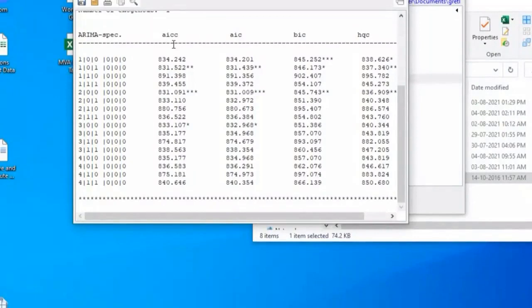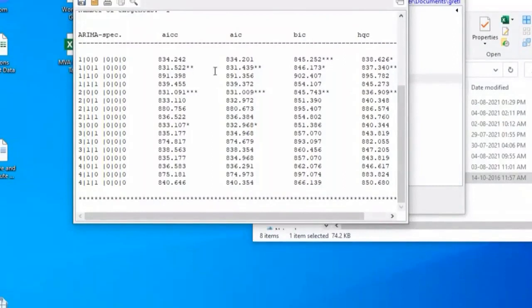This is much more stringent than the AIC one. So where we get a highly significant model, we select that one. So in this case, the highly significant model is this 200000. All the information criteria favor that.